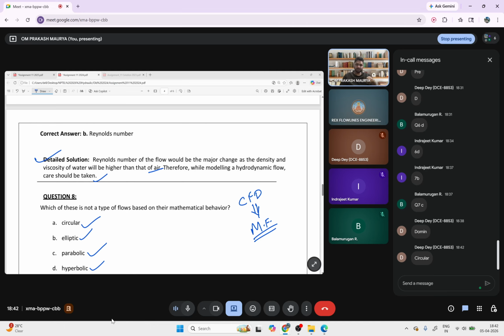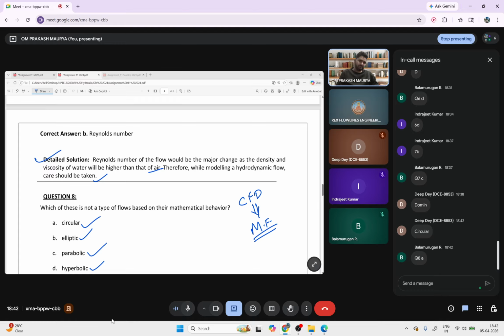Okay, so you are telling circular. Deep is telling circular. Bala is also telling circular. If anyone does not know, you can just Google it. That is from the mathematics.